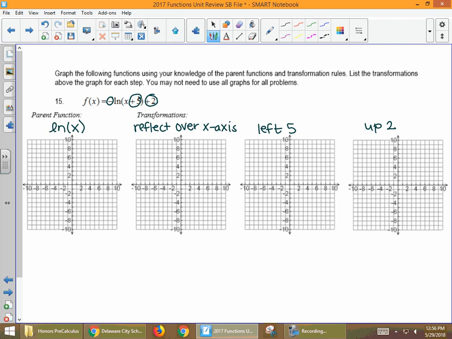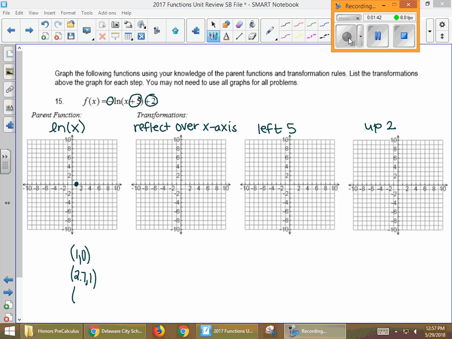So our points for ln of x, the big one is 1, 0. And then you have approximately 2.71 and approximately 7.32.